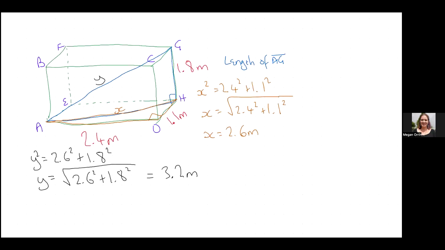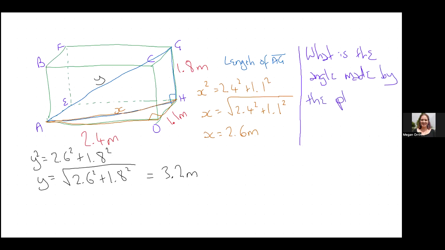They will often ask you something like, what is the angle made by AG to the base? All right, so they might ask you something like that.